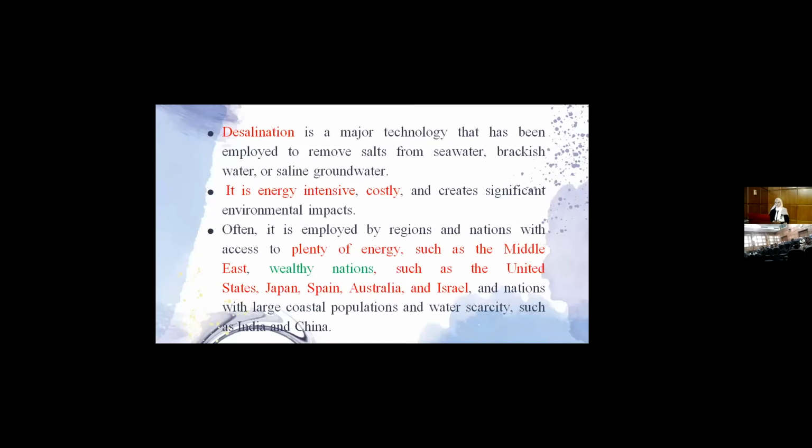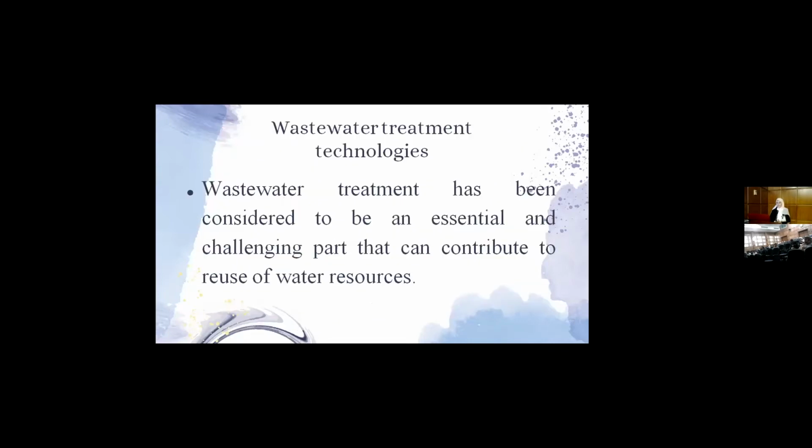Desalination is a major technology that has been employed to remove salts from seawater, brackish water, and saline groundwater. It is energy intensive, costly, and creates significant environmental impacts. Often it is employed by regions and nations with access to plenty of energy, such as the Middle East and other wealthy nations. Wastewater treatment technologies.